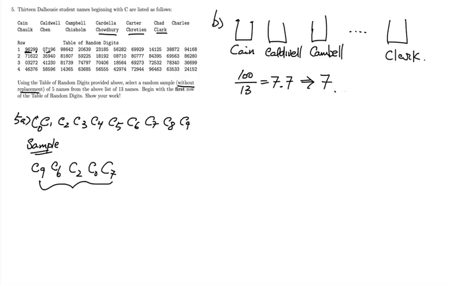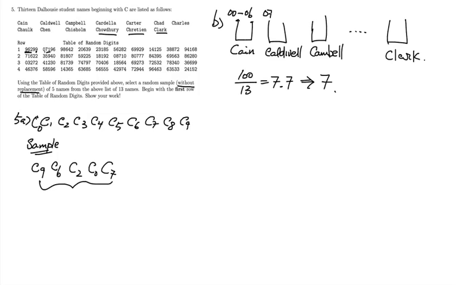So what this means is, if we get a number from 00 to 06, which is 7 numbers, right? We have 00, 01, 02, 03, 04, 05, 06, which is 7. Then we're going to sample Kane.